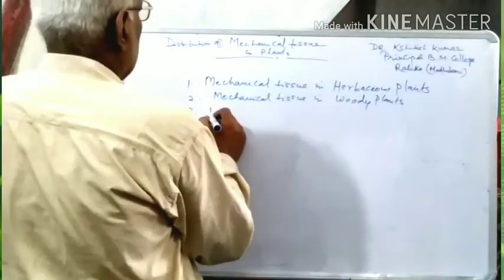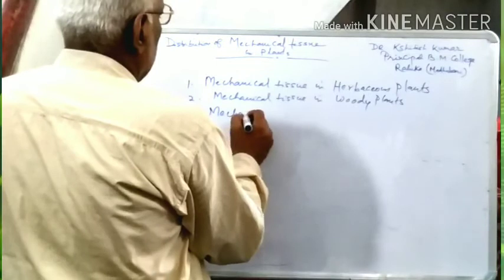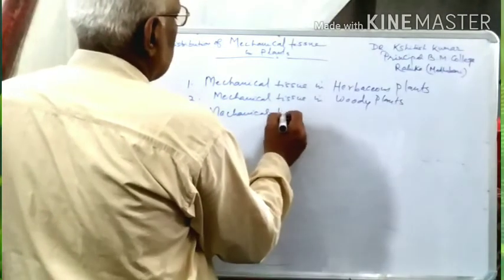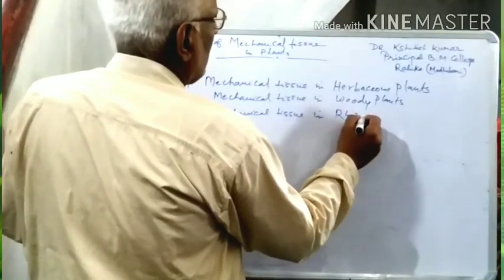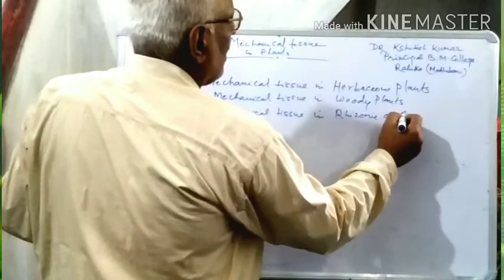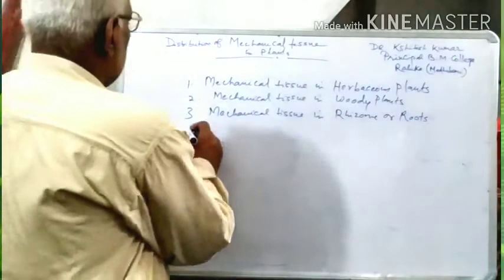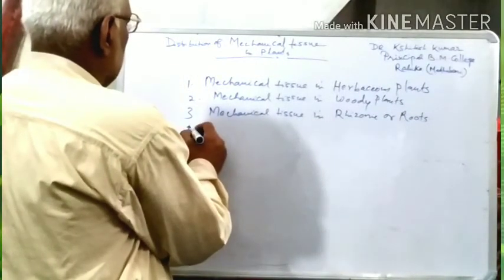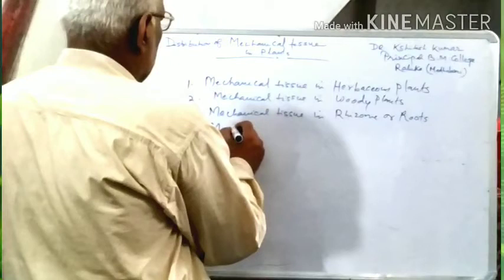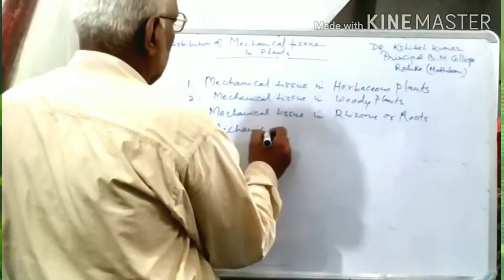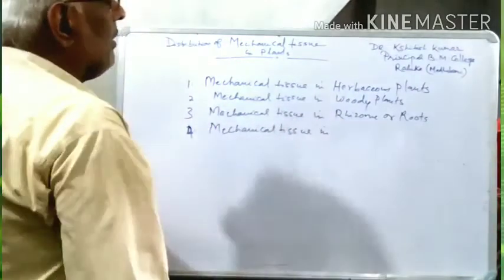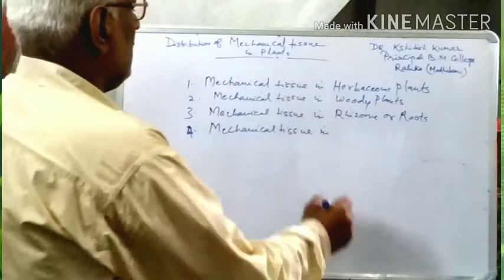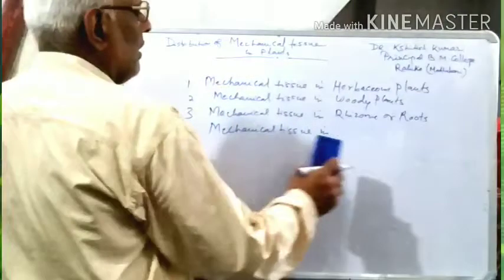The third is mechanical tissue in rhizome or roots. The fourth is mechanical tissue in leaves.